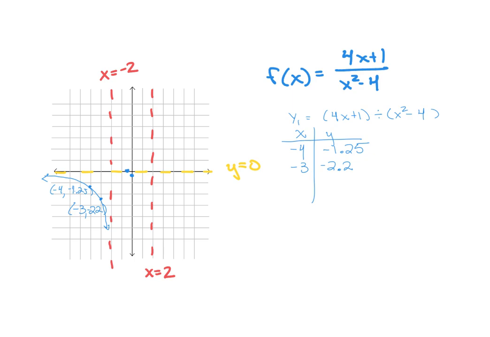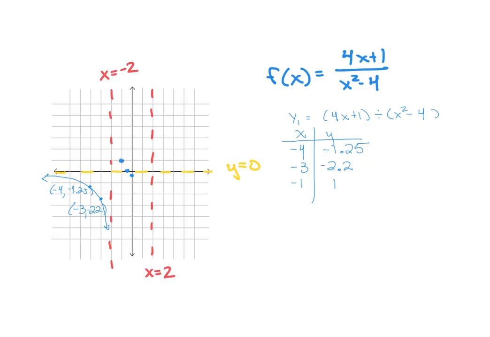All right, I'm going to put in a couple more points for my middle, just to make it a little bit nicer. If we plug in negative 1, we get 1. And I think that's the only one I'm going to do.